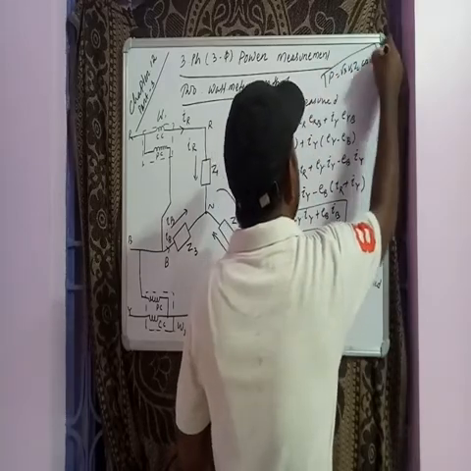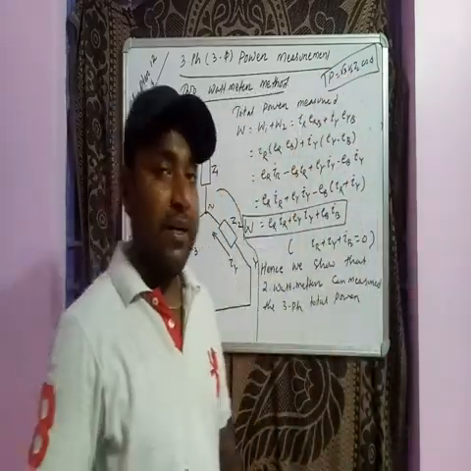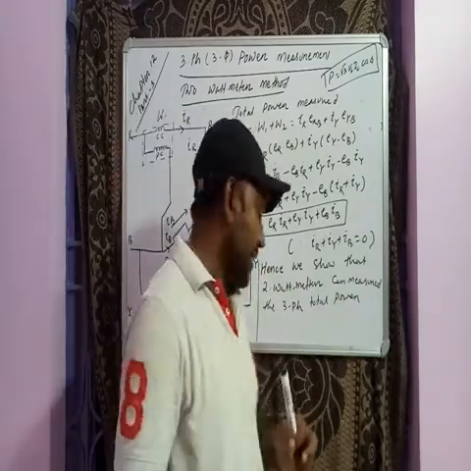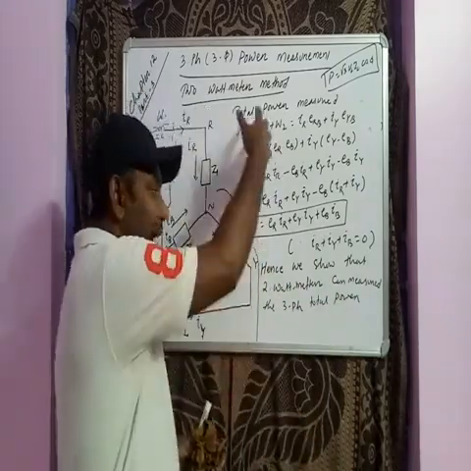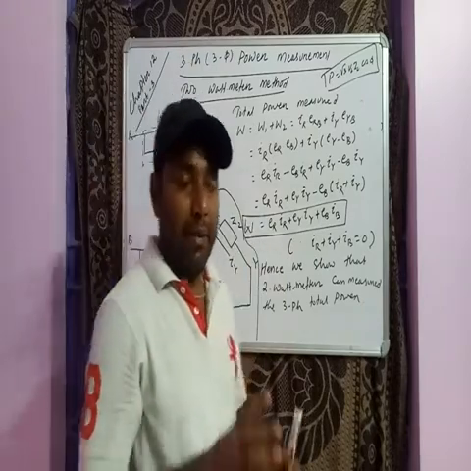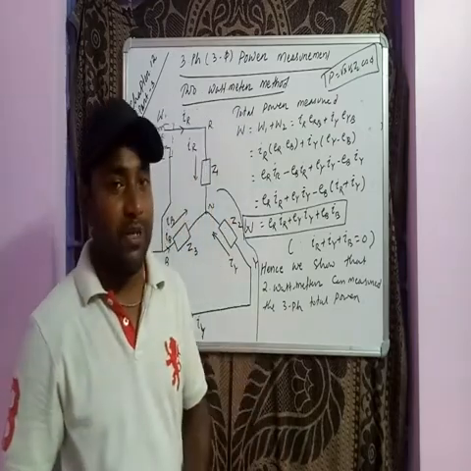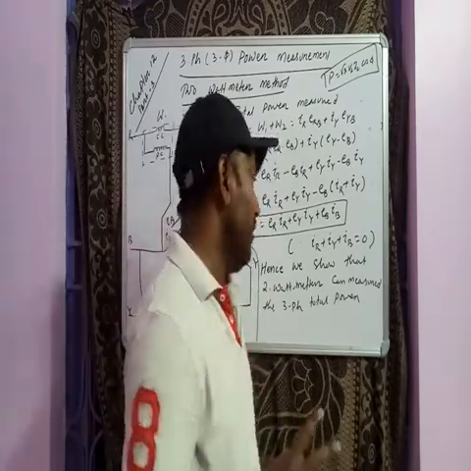Now let us prove this one by 2 wattmeter methods, whether that will be proved or not. Clear? So now one way I have explained here, by considering the instantaneous values of voltage and current, how we are measuring the 3-phase power by 2 wattmeter method.